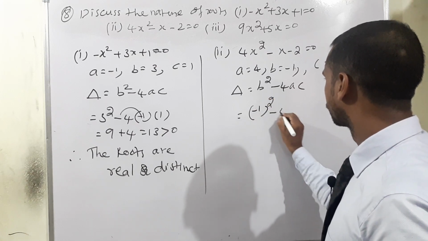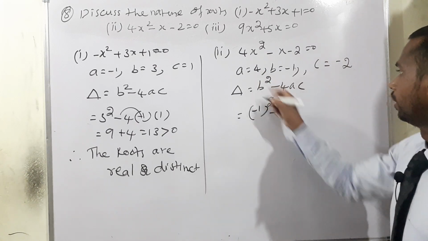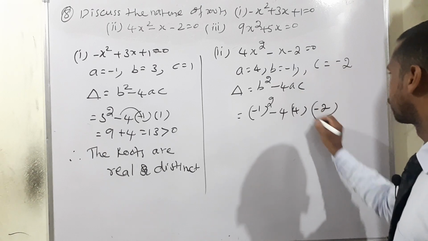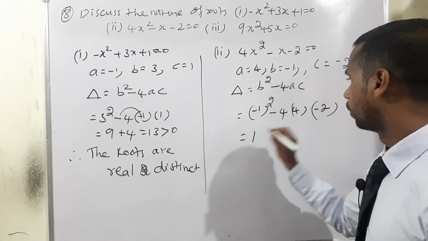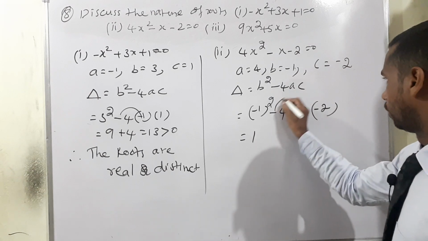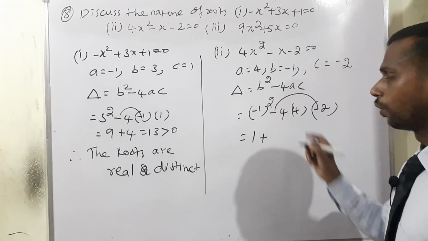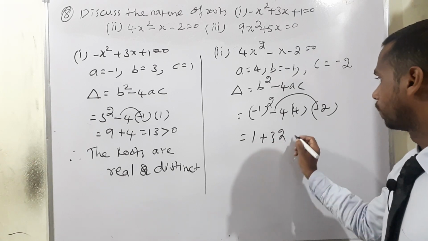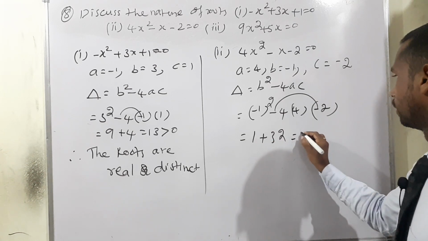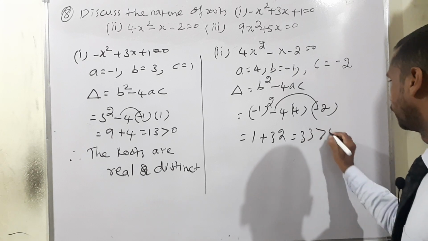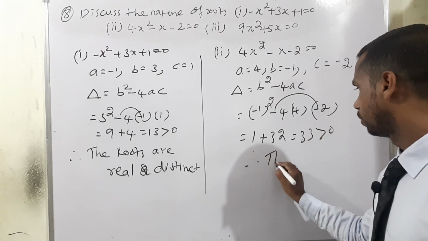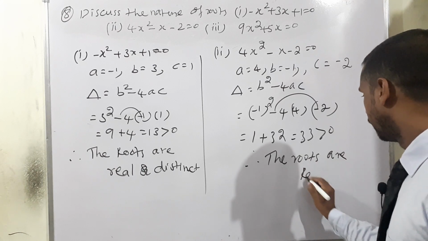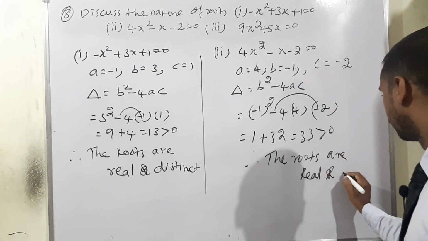Minus 1 the whole square minus 4 into a value again 4, c value constant minus 2. Therefore, minus 1 the whole square is positive 1. Look at there, minus into minus plus 4, 4 twos are 8, 8 into 4 means 32. 32 plus 1 means 33, always greater than 0. Second one also, the roots are real and distinct.